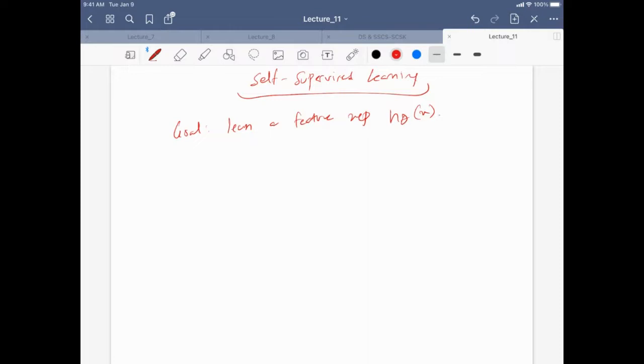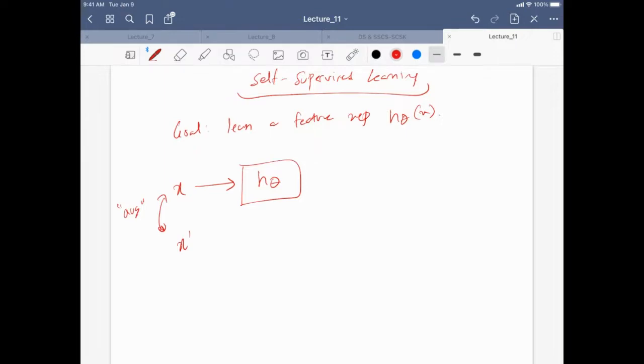The basic idea of this is that you take an image X, right, and you pass this to your deep model or your feature representation model, which is h theta, and then you take your X prime. X and X prime are basically maybe some augmentations of each other, right? And what I mean by augmentations is that they are perturbations of each other. So maybe you add some random perturbation to X and you get X prime, right?